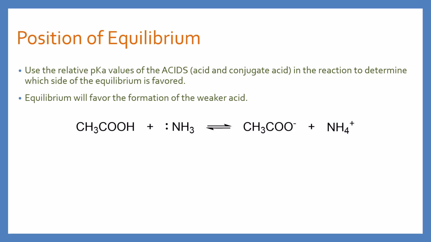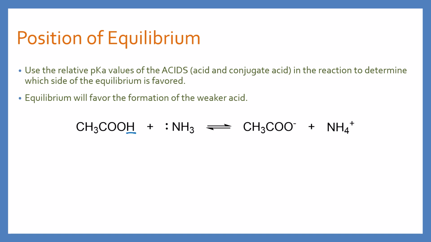So for an example, we have acetic acid and ammonia. First, we need to figure out which species are our acids in this reaction. So we're reacting acetic acid with ammonia. We can figure out which one is the acid and which one is the base by comparing their relative pKa values. The one that is more acidic is going to behave as the acid.